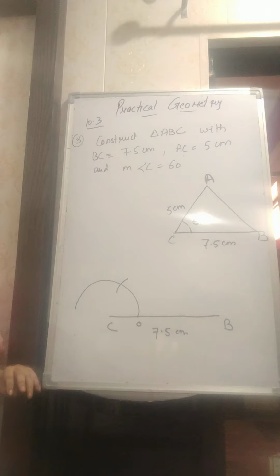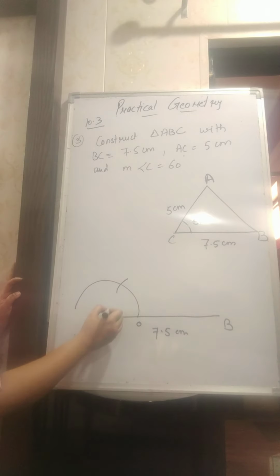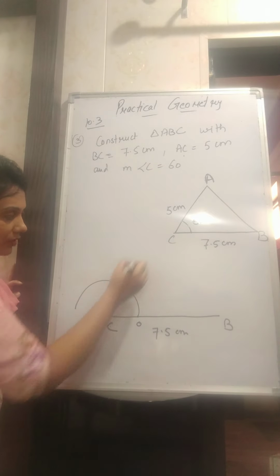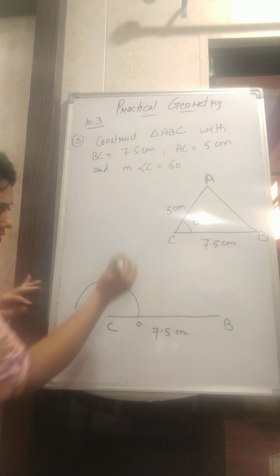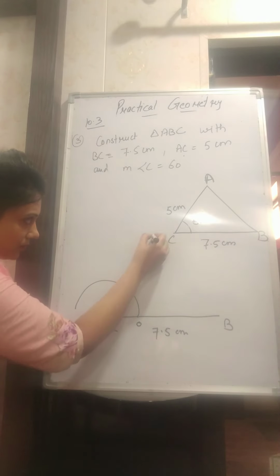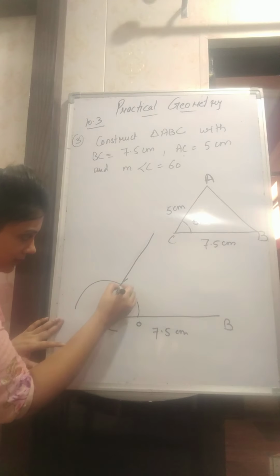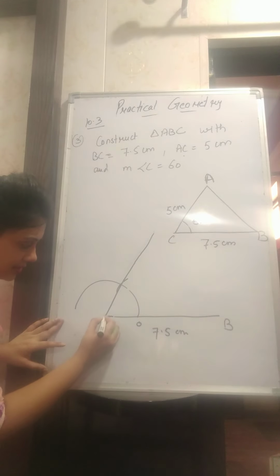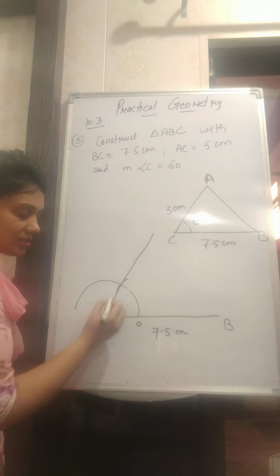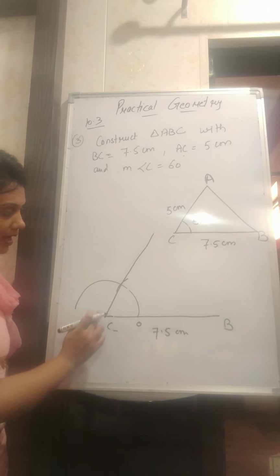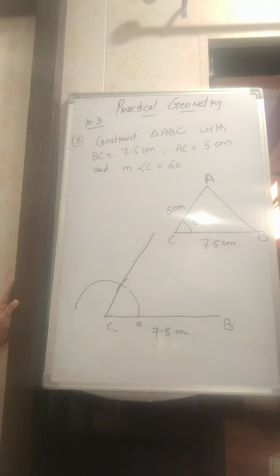You all know how to make a 60 degree angle, right? So then this is 60 degree. Then with the scale, you will join this 60 degree point and point C, and you will make the 60 degree angle.